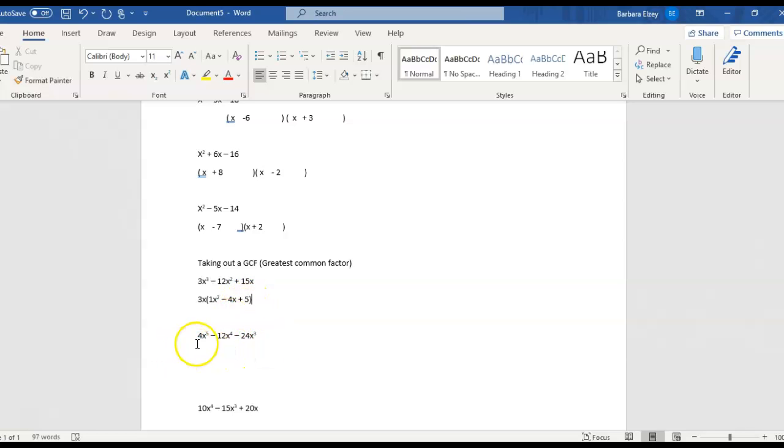All right, so in our next one, 4, 12, and 24, we can divide each one of those by 4. And then our smallest exponent is x to the third power. So we're going to take out x to the third. All right, so we are left with 4 goes into 4 1 time, and then the 5 minus the 3 gives us an x squared.